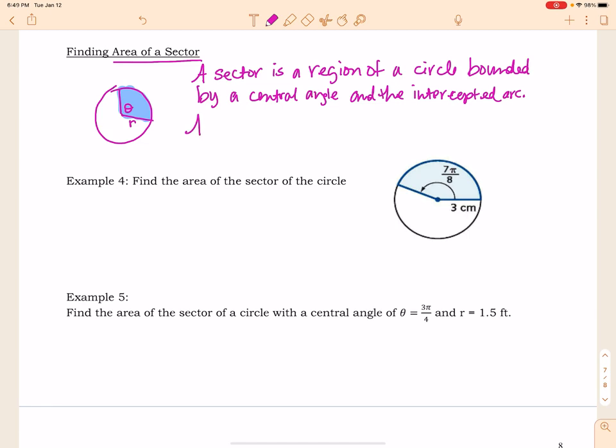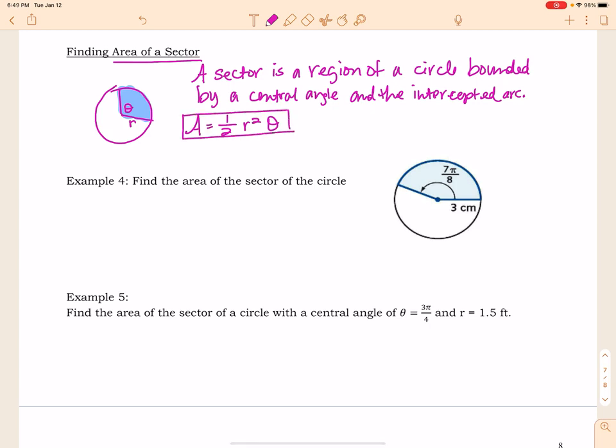Well, we know that the area of a circle is pi r squared. You can't really use that same formula when you're just dealing with a portion of it, so it will be a little different. Rather than having you figure out what it would be, I'm going to give you the formula.